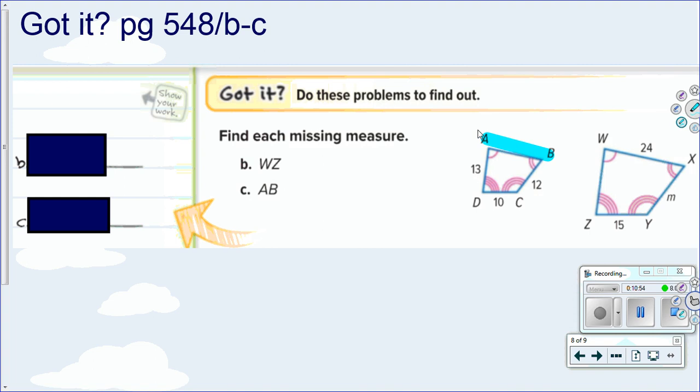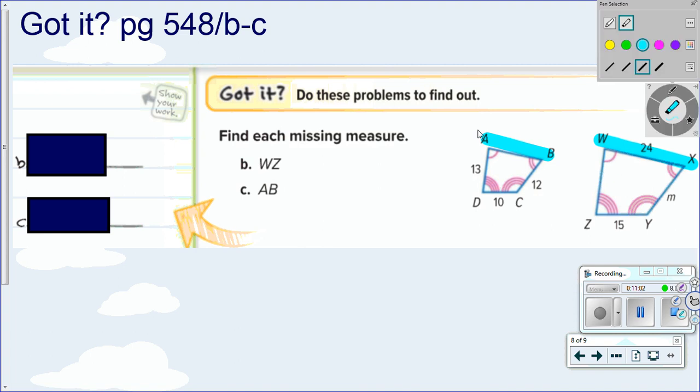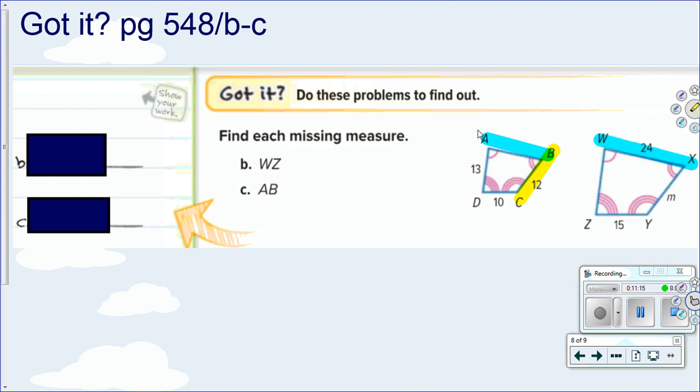So that corresponds with WX because that goes from 1 arc to 2 arcs. The next side, what does BC correspond with? BC goes from 2 arcs here to 3 arcs for the angle. So it matches up with XY.